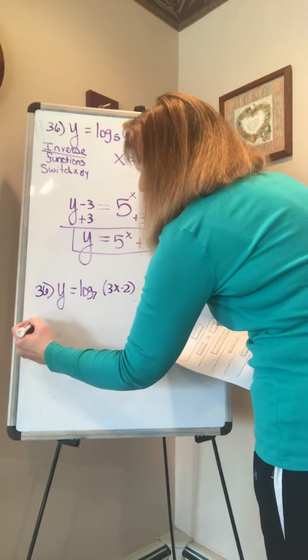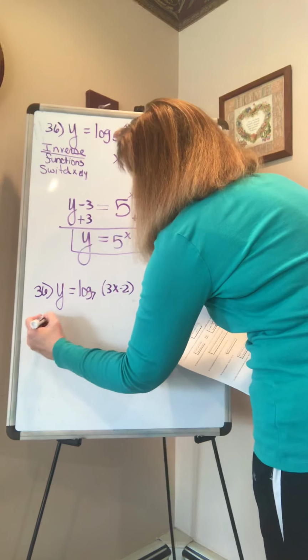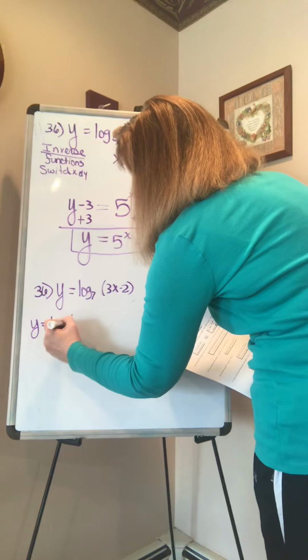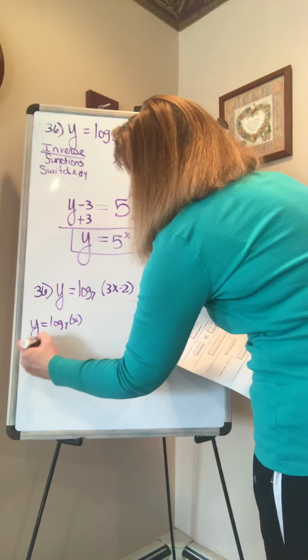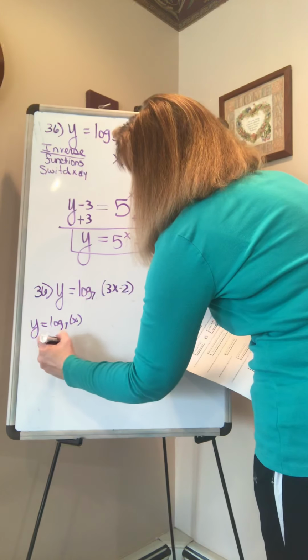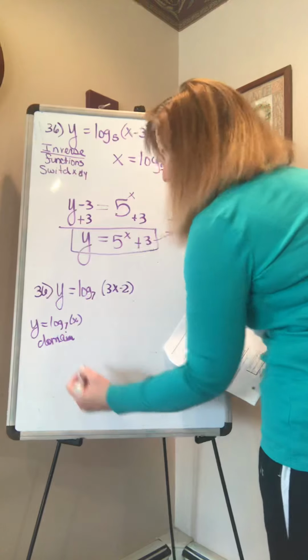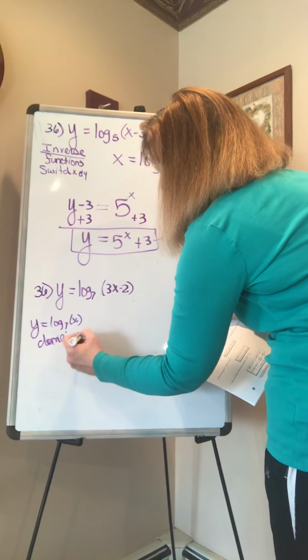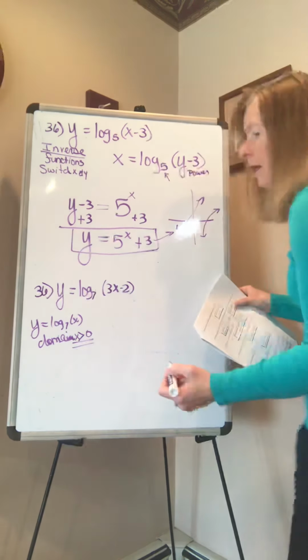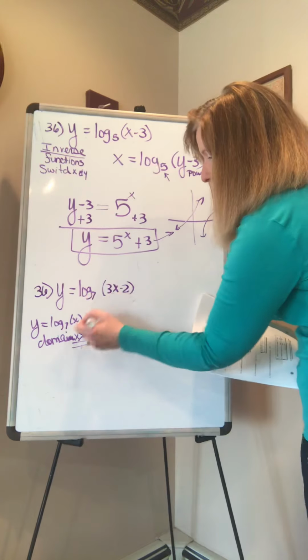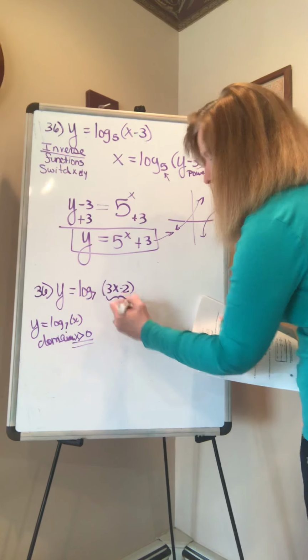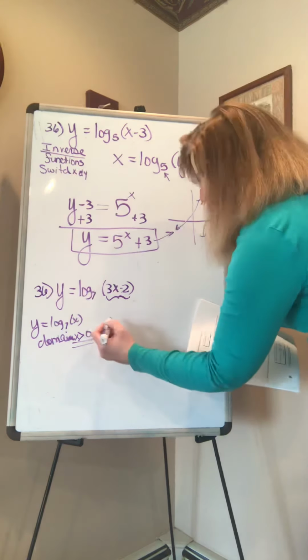Again, for just the plain old y equals log base 7 of x, the domain has to be greater than the asymptote. X is greater than 0.